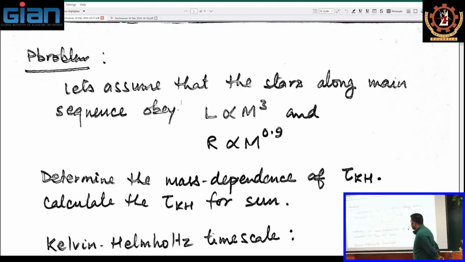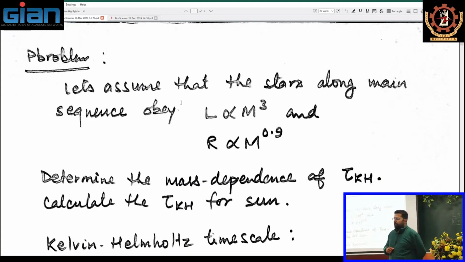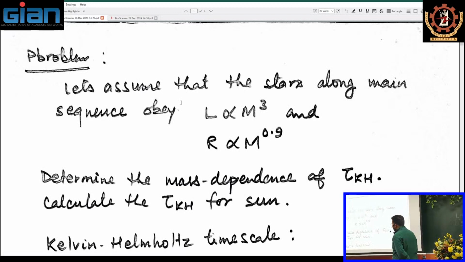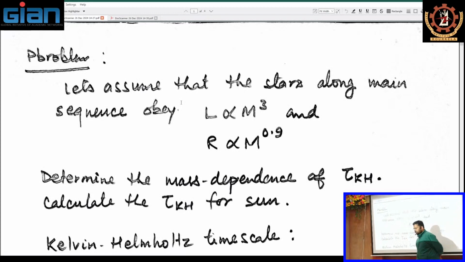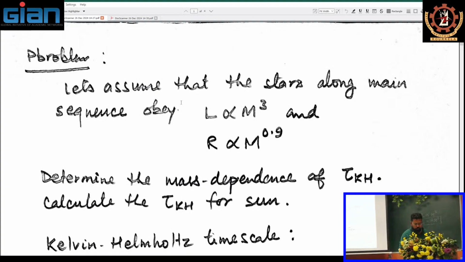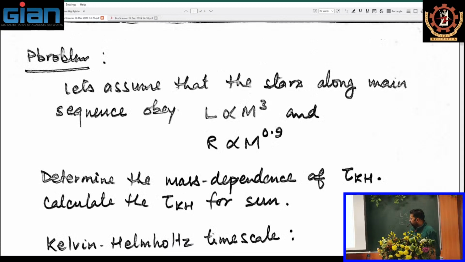So in this question, you have to determine the mass dependence of the Kelvin-Helmholtz or thermal time scale. After that, you also have to calculate tau KH, the Kelvin-Helmholtz time, for the Sun, and if you know it for the Sun, then you can get it for other stars.